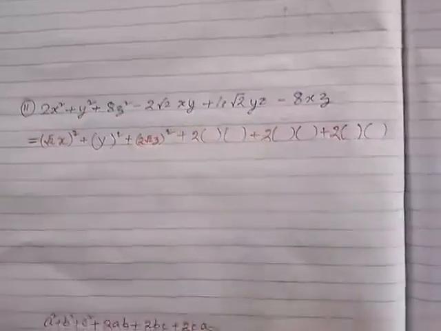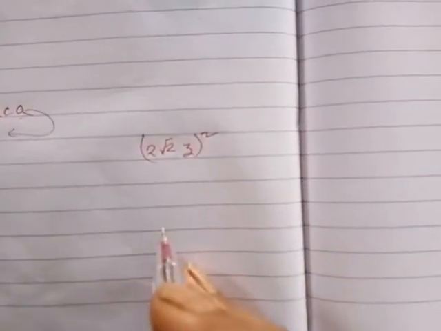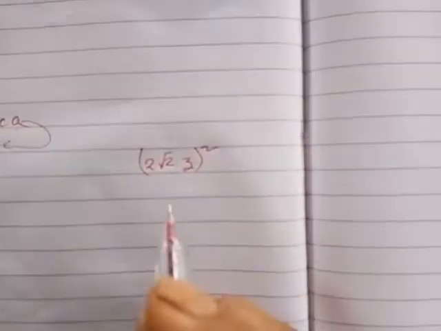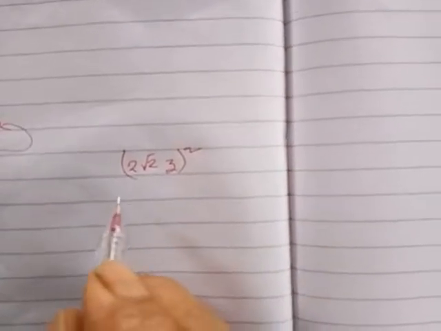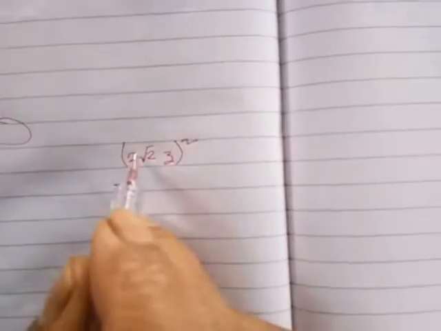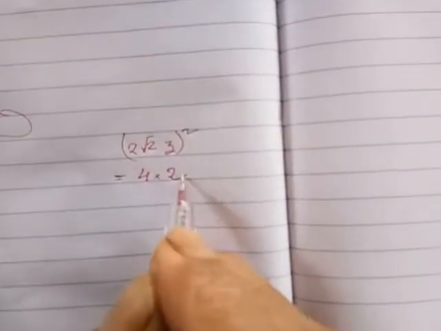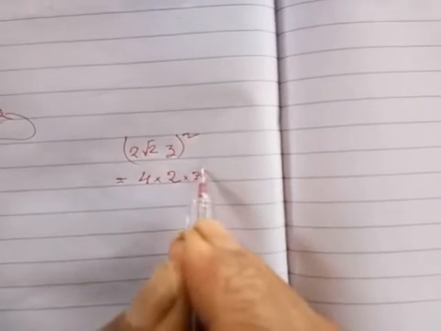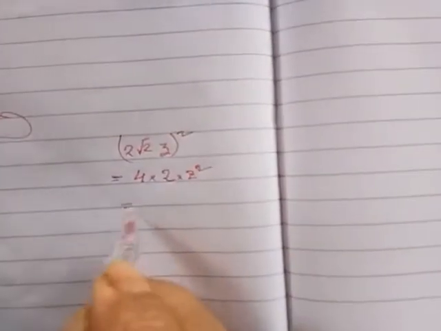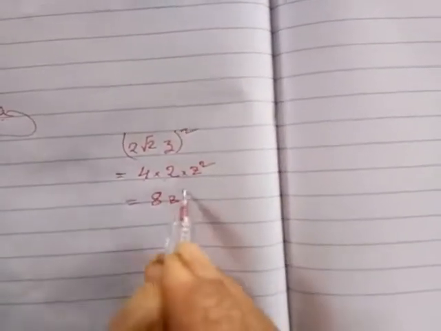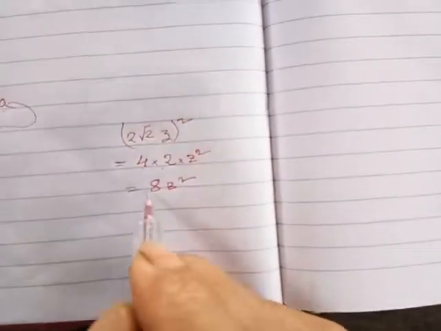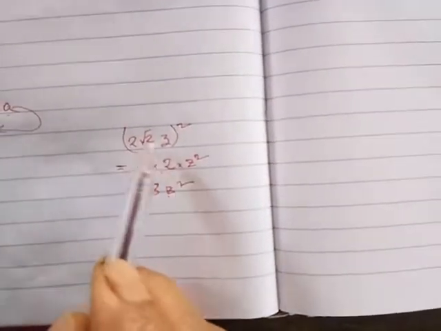I'll show you separately. 2 root 2 z whole square: 2 square is 4, root 2 square is 2, and z square is z square. So 4 times 2 is 8 z square. That's why in place of 8z square we can write 2 root 2 z whole square.